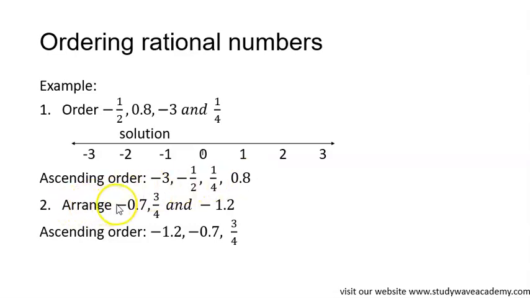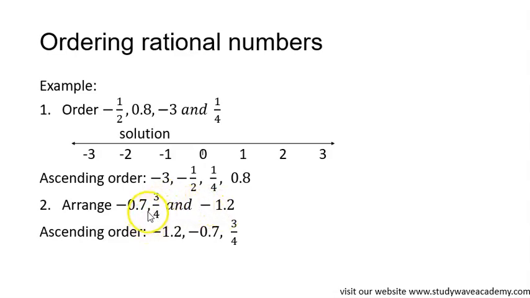Good. So we have to arrange this: minus 0.7, 3 over 4, and minus 1.2. So we have one fraction here. We're going to convert it to decimal. Remember, you can also convert the decimal to fraction, but I prefer converting mine to decimal, for me to easily know where they're placed.